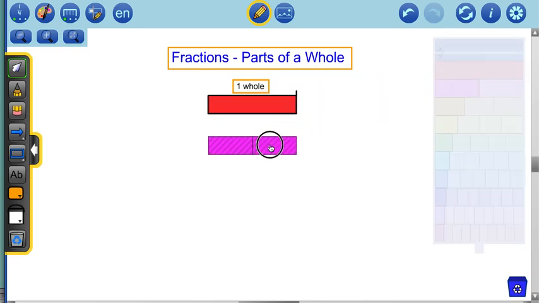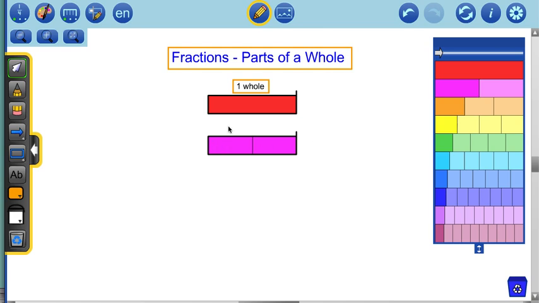Now, hopefully you remember this from what I just showed you. When a whole is separated into two equal parts, it is called halves, okay? It's called halves. You're separating it into two, okay?